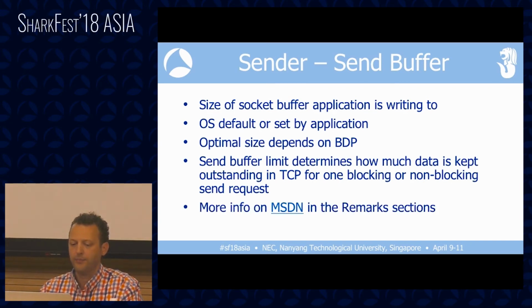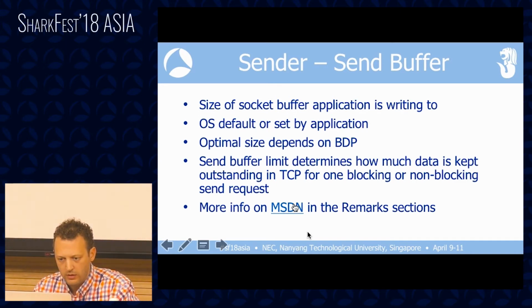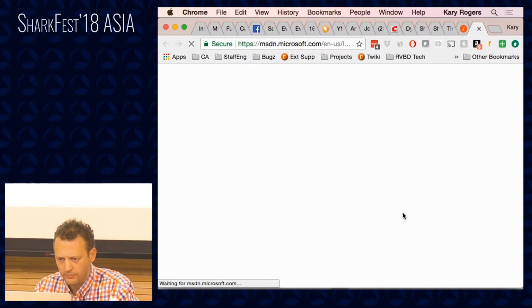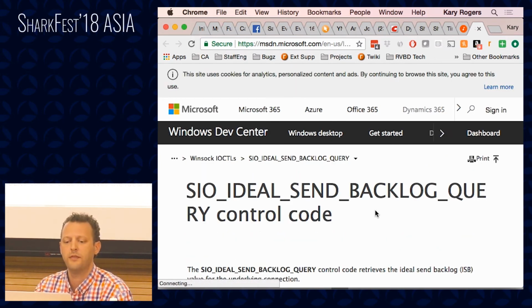The issue is that I'm just going to bring up this little link. When I was researching this a couple of years ago for someone who was seeing a send buffer issue or a performance issue, let's see if I found this article on Windows Dev Center.